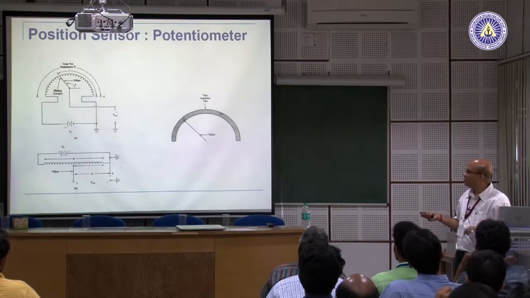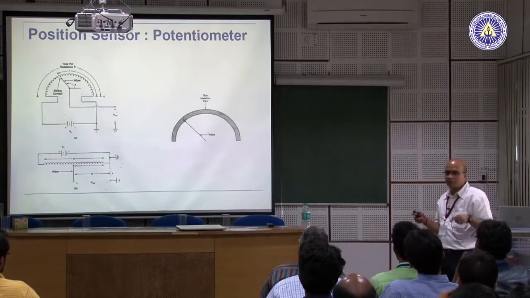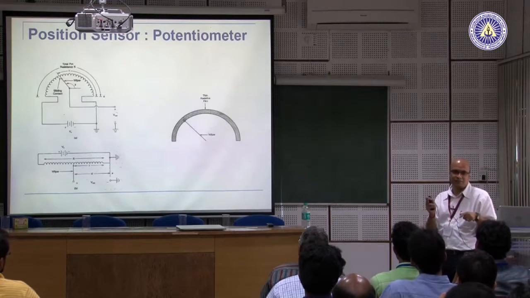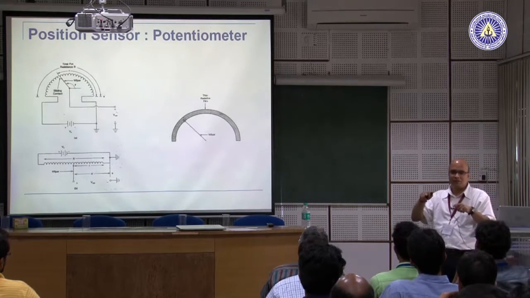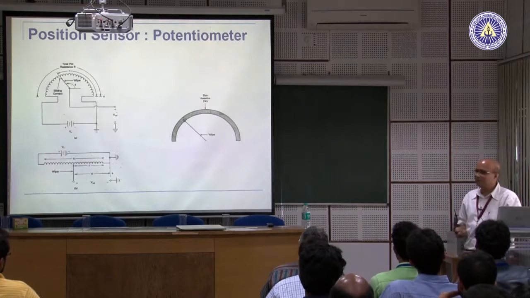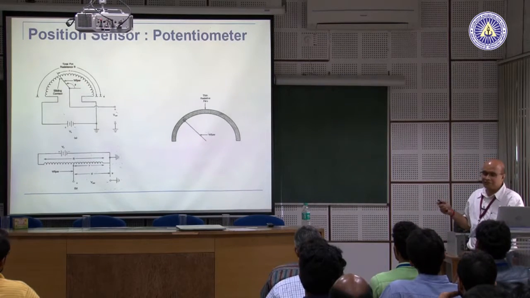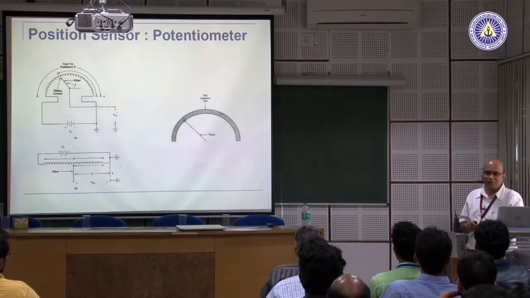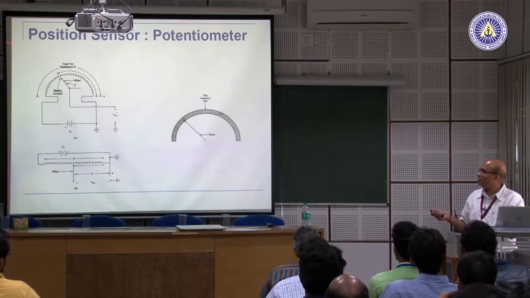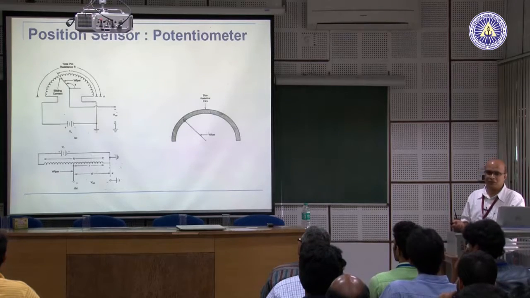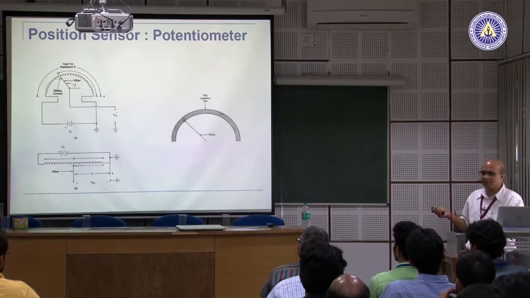The second is that because there is rubbing, there is a lot of noise in the signal, because something is physically moving. The third is that because it is resistance, it is affected by temperature. With the change in temperature, your r by R ratio will start changing. So it is not very accurate in that sense, but it is good enough for very crude applications.